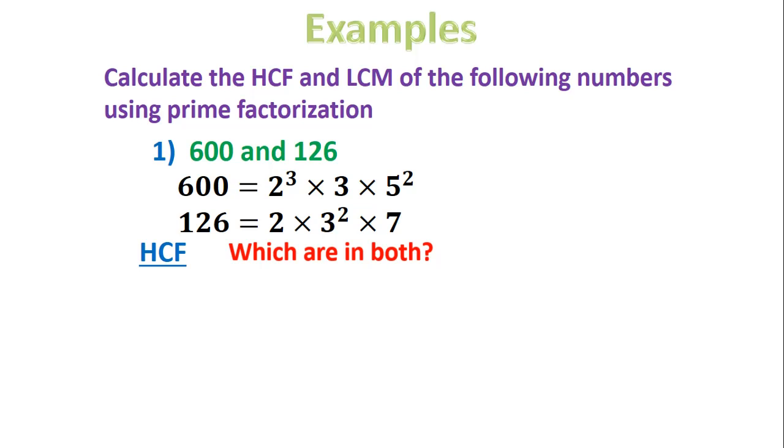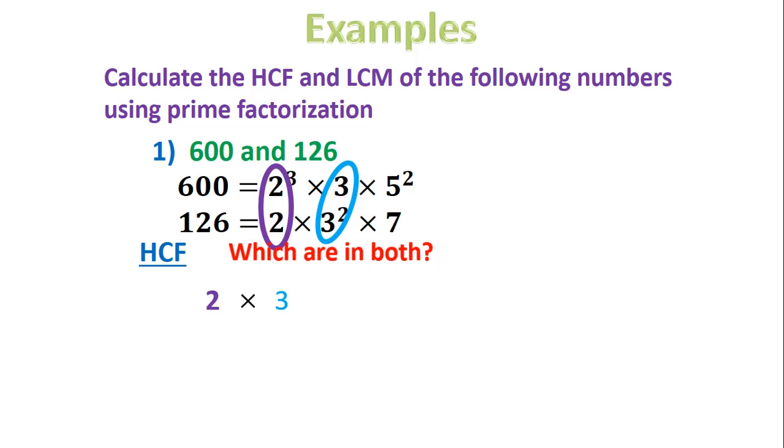So, the first one that's in both, or the first number that's in both, is or are our 2's. So it's 2 and then times. Now we look for the next number that's in both, and it's our 3's, and so we have 2 times 3.